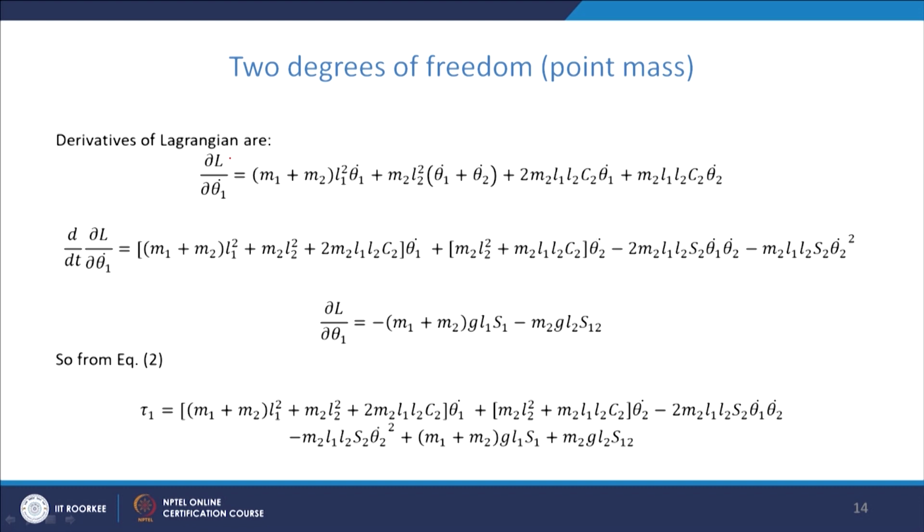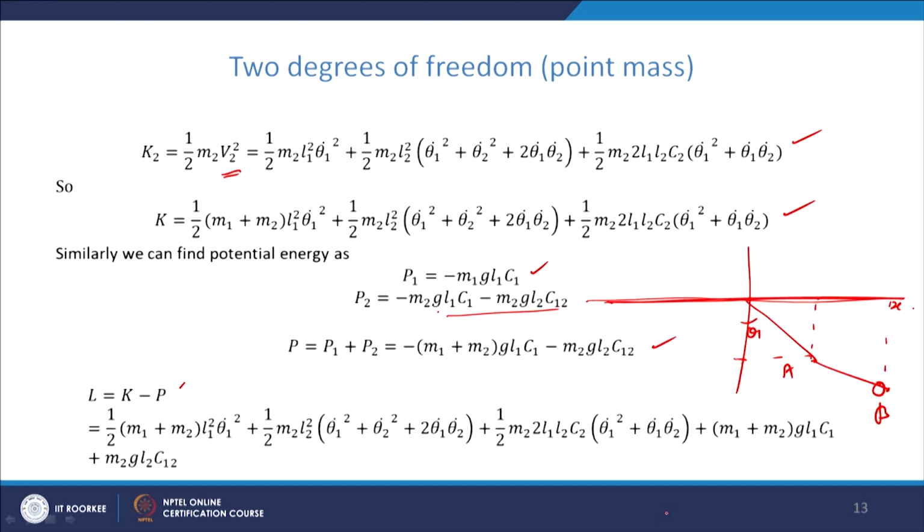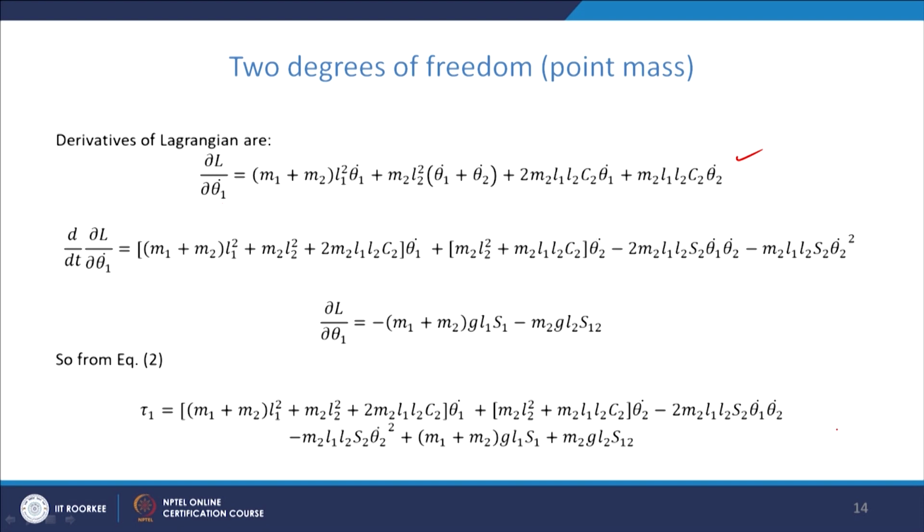So, first, del L by del theta 1 dot we can directly differentiate with respect to theta 1 dot only. So, this term is to be differentiated. Wherever theta 1 dot is appearing we have to differentiate those terms, and then differentiate with respect to t, d by dt of this, and we get this expression.